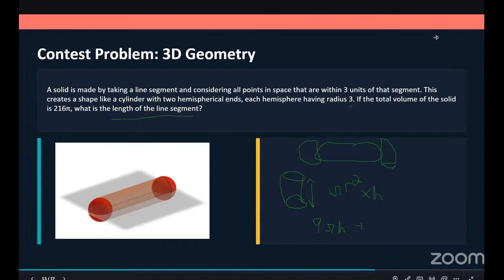If the volume of a sphere is 4 over 3 pi r cubed, half of the sphere is half of this. But because you have two of them, two halves make one whole, so you just use this formula normally: 4 over 3 pi times 3 cubed. And all of this equals a total volume of 216 pi.